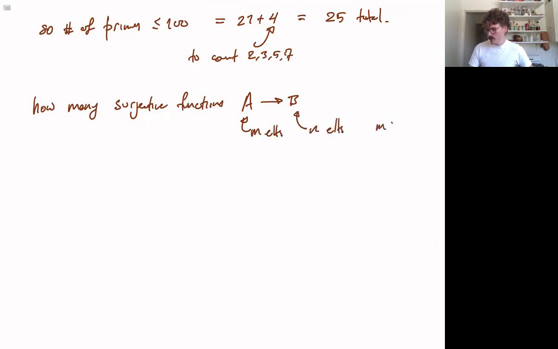So of course, m should be bigger or equal to n. Oh geez, that's the opposite of what I wrote, but I think it's right. Yeah, m should be bigger if we're going to have surjective functions.